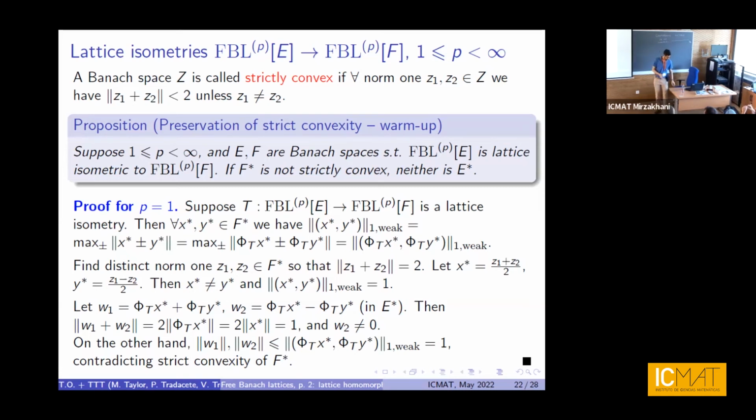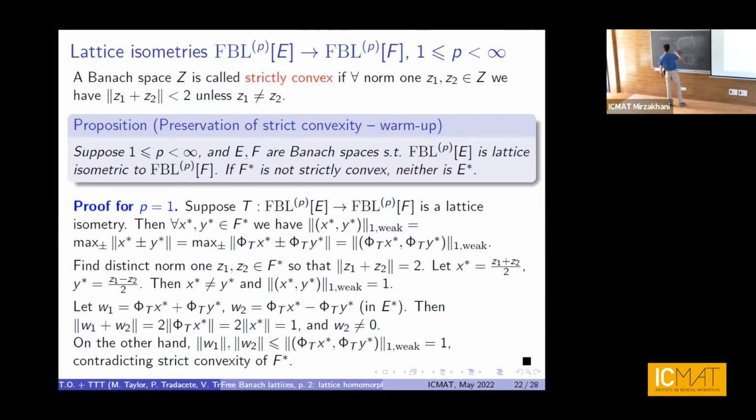So maybe once again, it may be convenient to draw a picture. What is the geometric idea of our proof? Well, we have those two points, Z1 and Z2, on the unit sphere of F star.